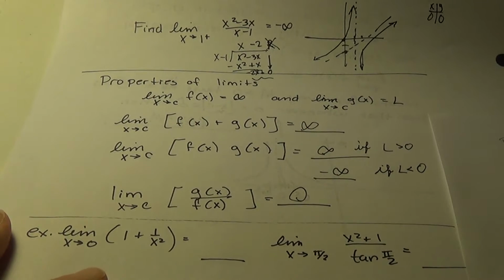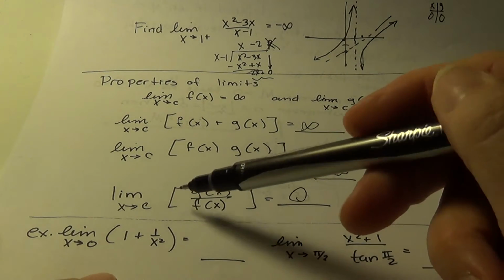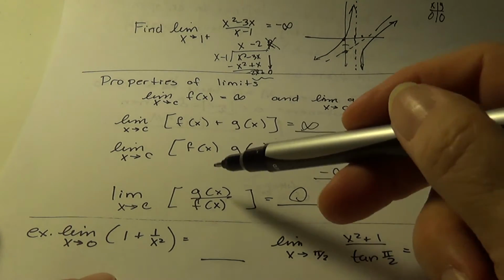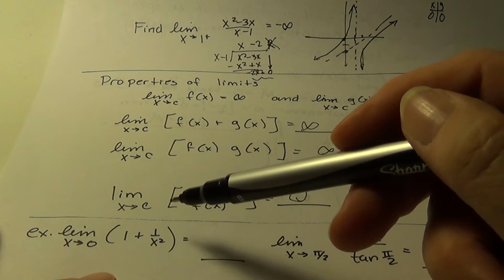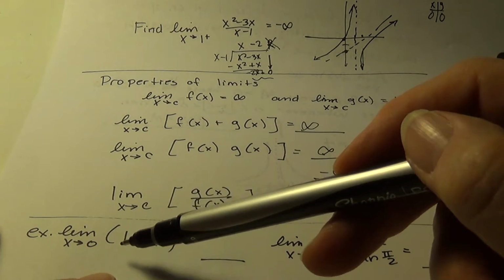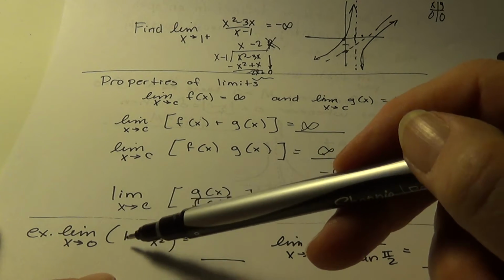All right, an example using these properties of limits. What's the limit as x approaches 0 of 1 plus 1 over x squared? Well, from this rule, let's see what just the limit of this would be. Since there's no x in this term, its limit is 1.